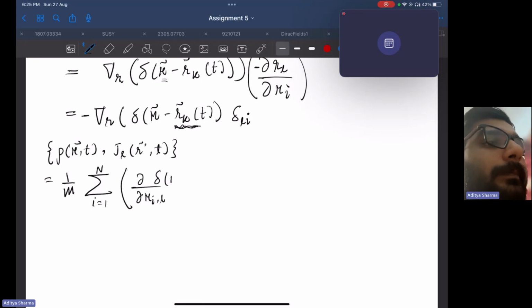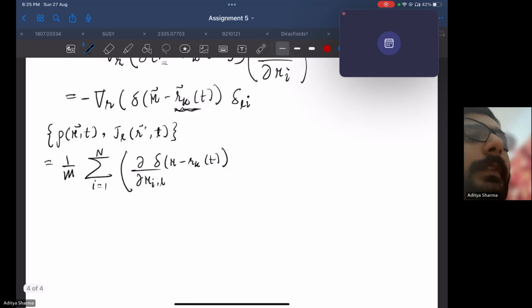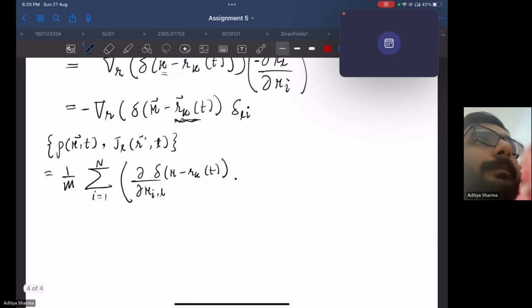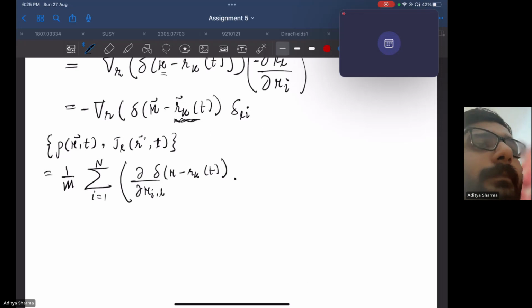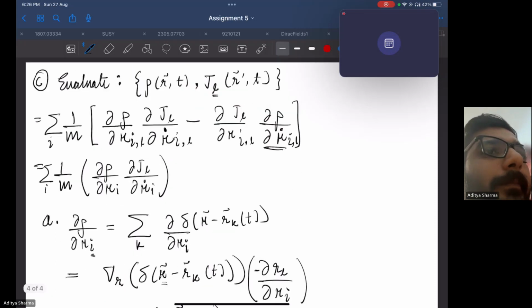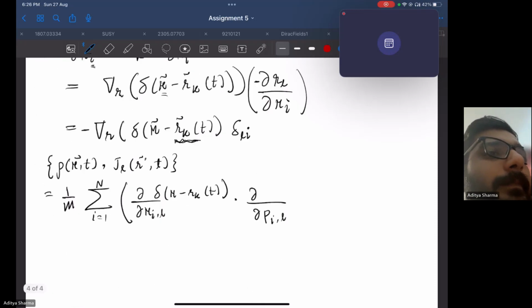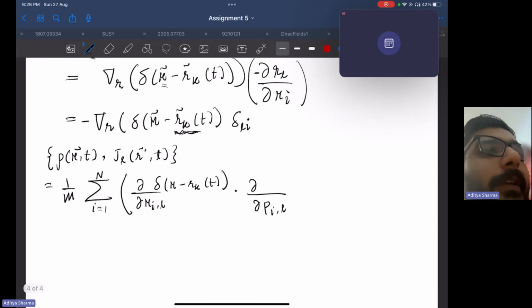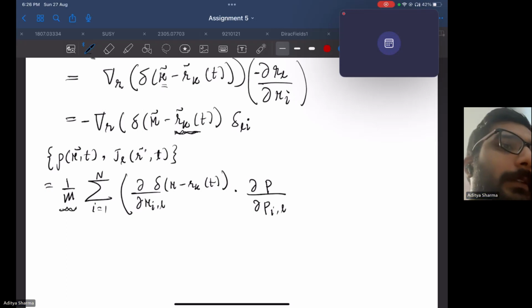This is the first part. Times p_i^l, which is nothing but r dot. And we'll have this, because if I change this to p and I'm changing the upper one to p also, those n cancel and there's only one n.